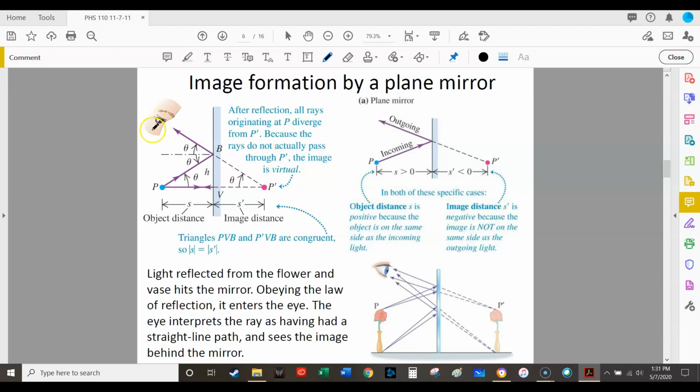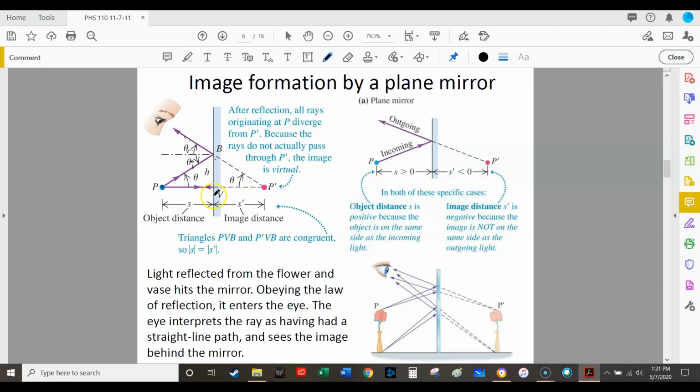So if your eye is up here and you have an object right here, that object is going to be emitting light, or light is going to be scattered off it, and then that light is going to travel along this line and reflect off the surface at the same angle that it is coming in at and into our eyes. Well, our eyes don't know that there is a reflective surface here, really. And so we see things along a straight line.